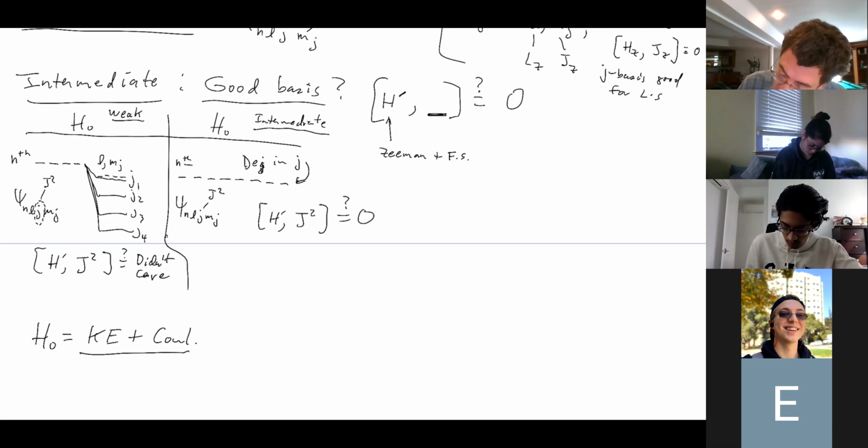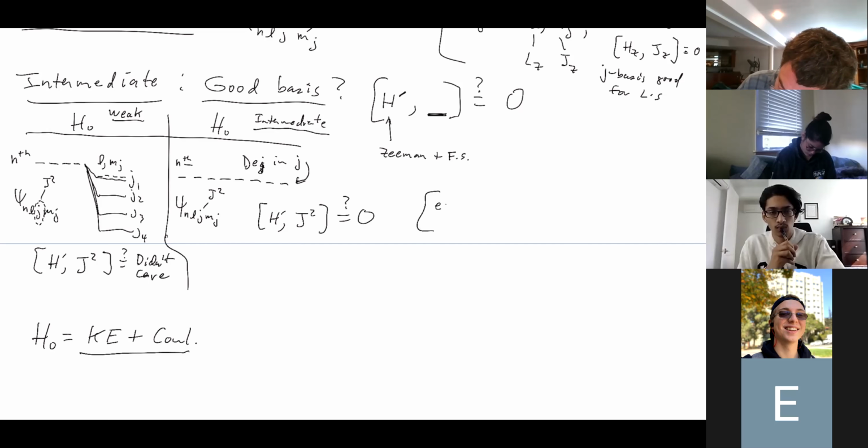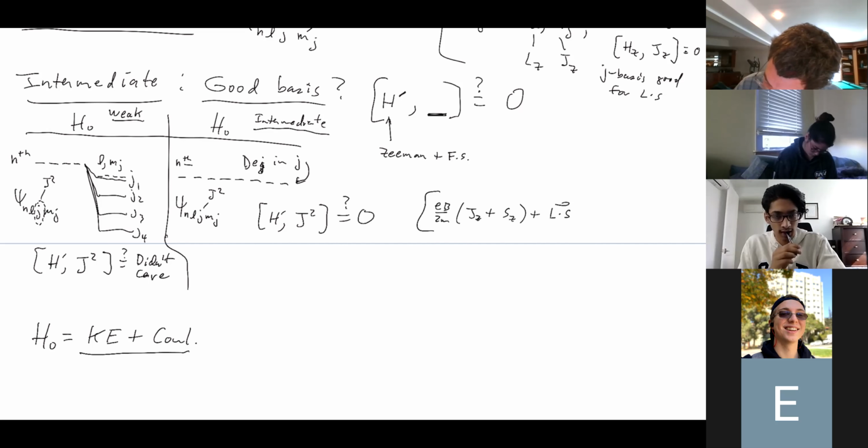And so now what we have to do is stick the whole H prime in there. The H prime is EB over 2M times JZ plus SZ, plus, I'm just going to say L dot S, okay? I'm going to skip a bunch of writing and then see if it commutes with J squared.